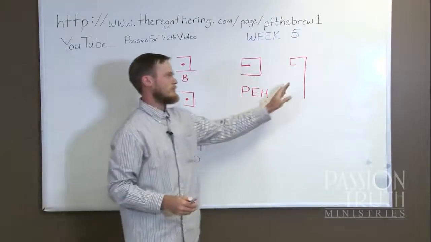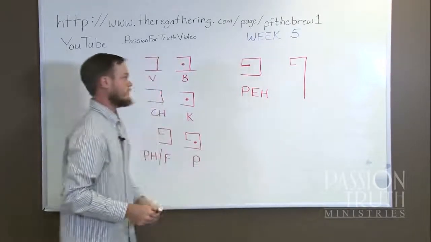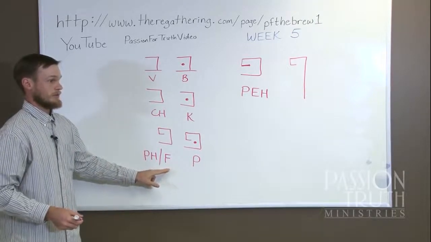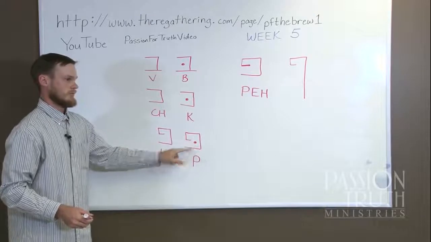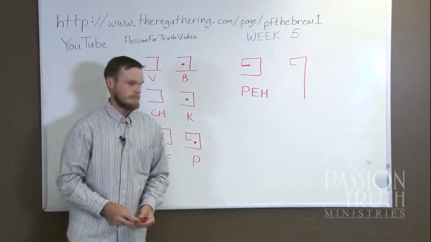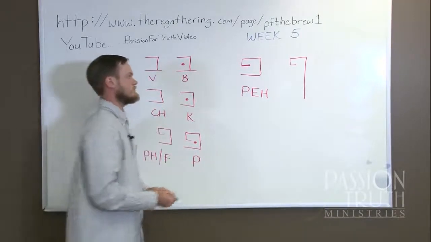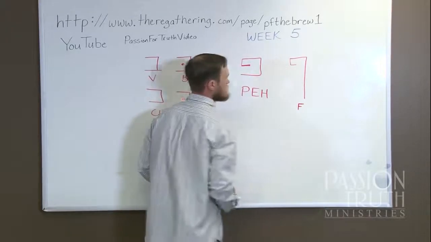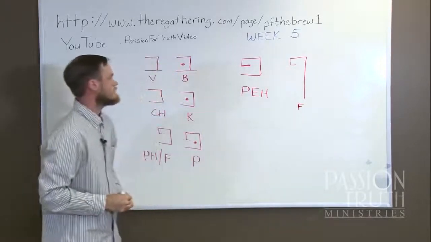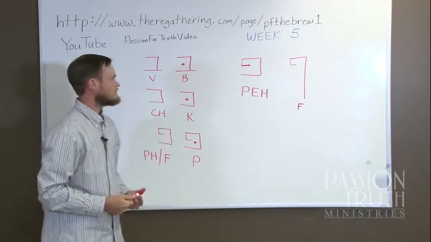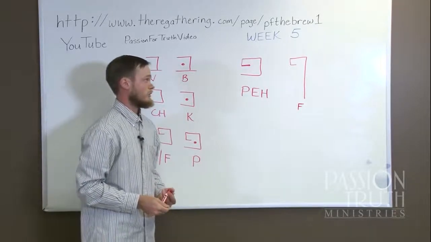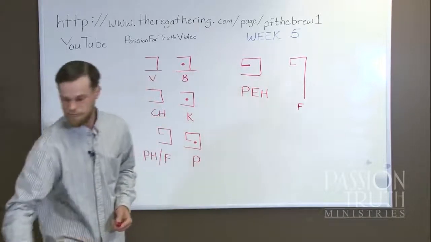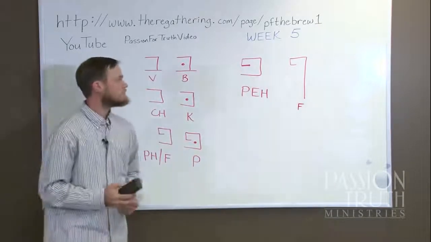Anytime you find a pei sofit, a final pei, it will always be pronounced as an F, because it will never take a dagesh. And again, the final form occurs when it's the last letter in a word.